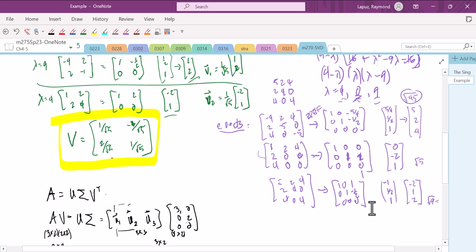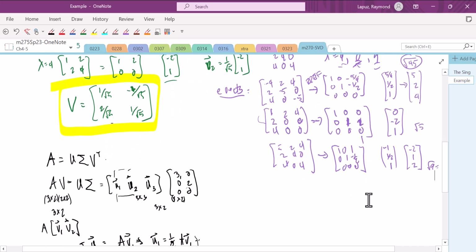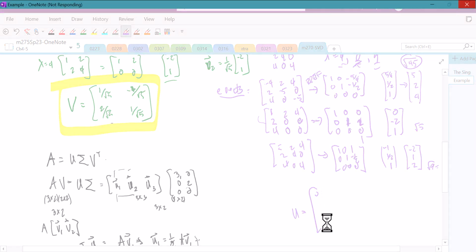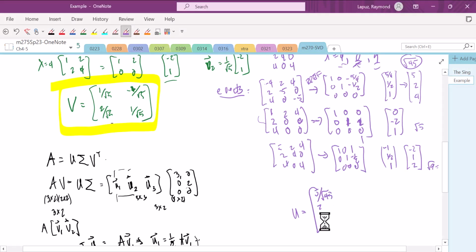All right. So if we construct a U matrix, this will have the columns of 5 over root 45, 2 over root 45, and a 4 over root 45.